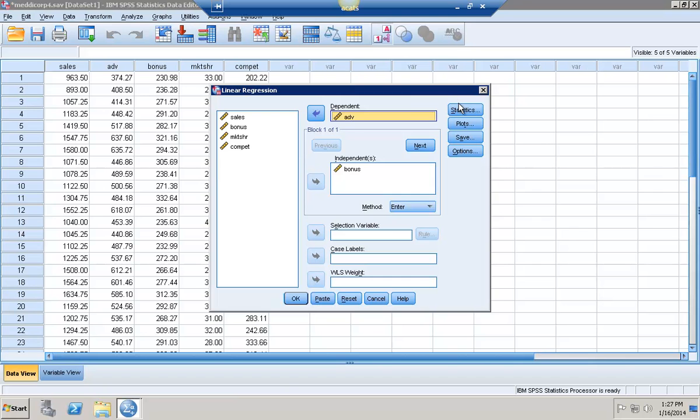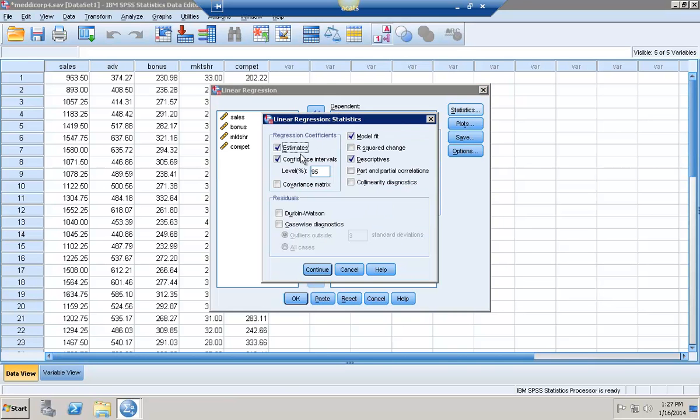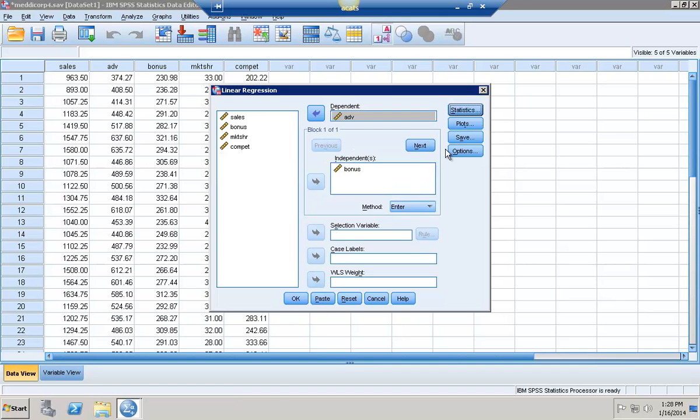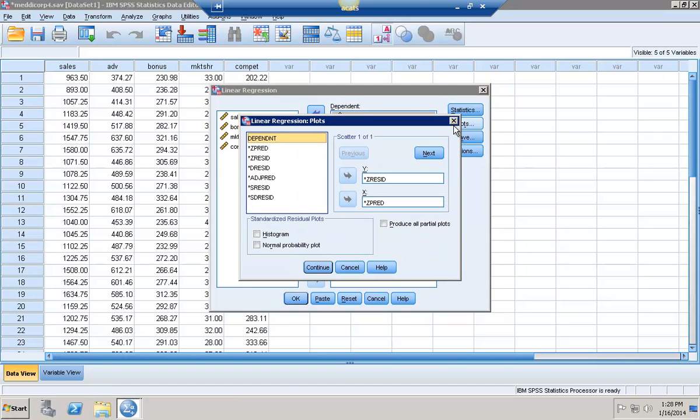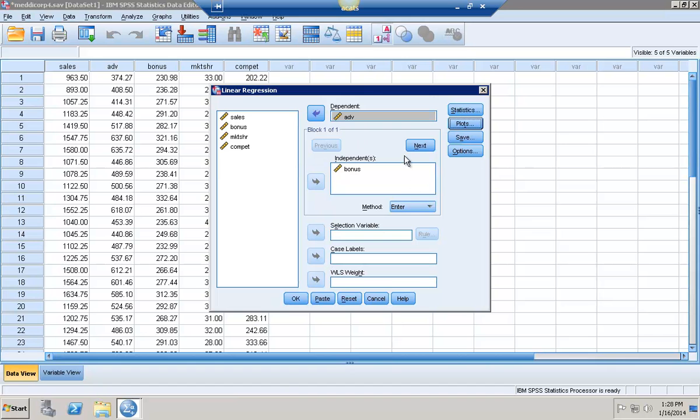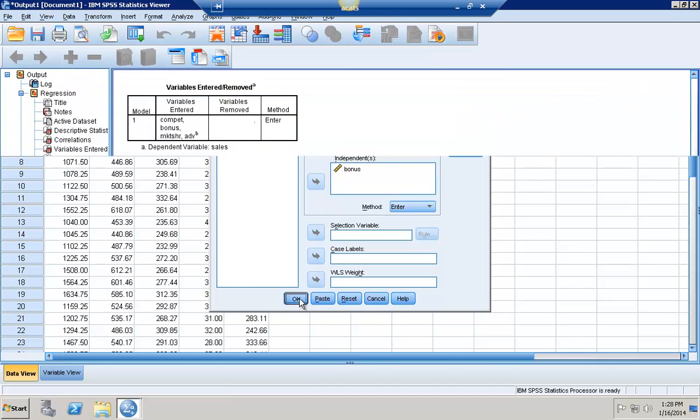Now I'm going into Statistics, and I don't really need my descriptives. My model fit is fine. I do need collinearity diagnostics. I'll continue, and then I don't want any plots, so I'm just going to take both of these out and click continue, and then click OK.